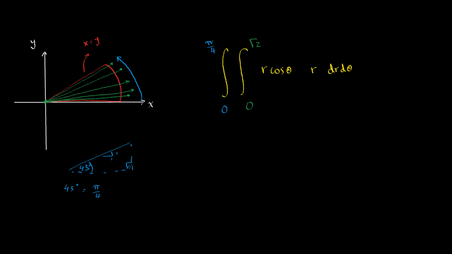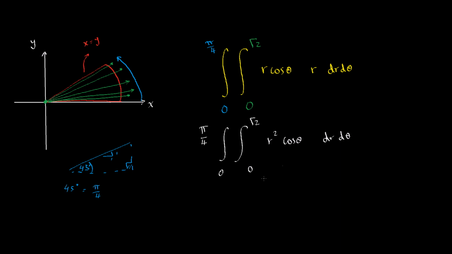And now we can evaluate. So, can I rewrite it? We have r squared cosine theta dr d theta, r from 0 to root 2, theta from 0 to pi over 4.